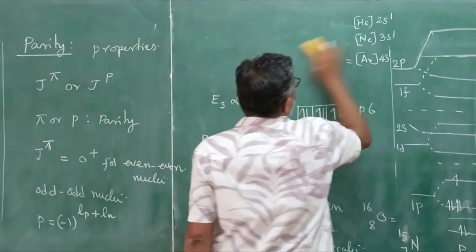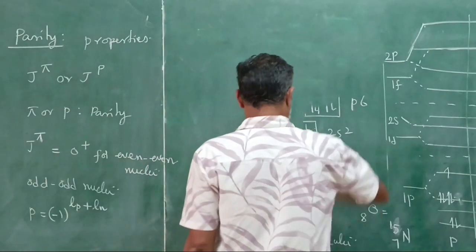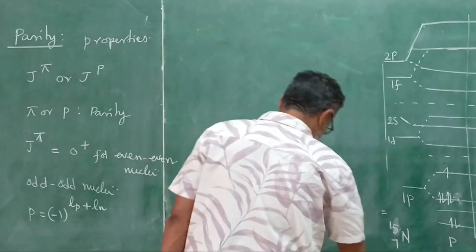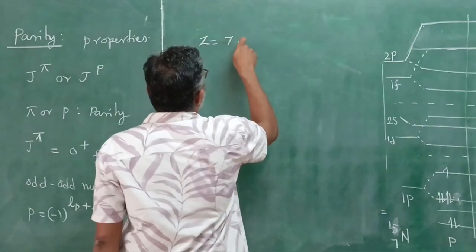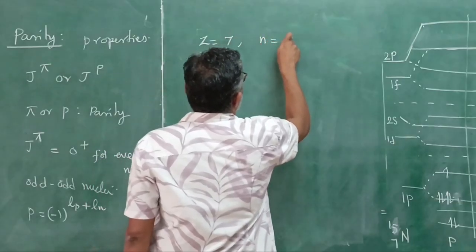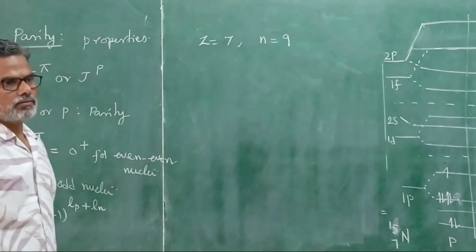Another example, let's take some nucleus which has Z number equal to, let's say, 7, and N equal to, let's say, 9. Imagine such a nucleus.